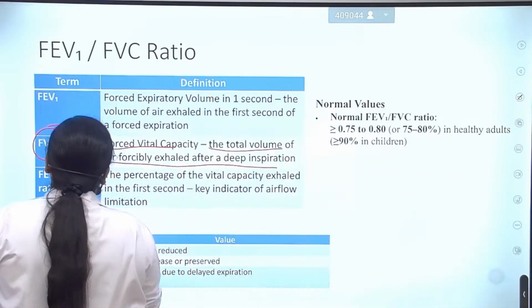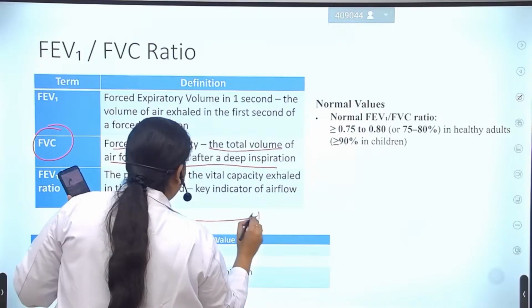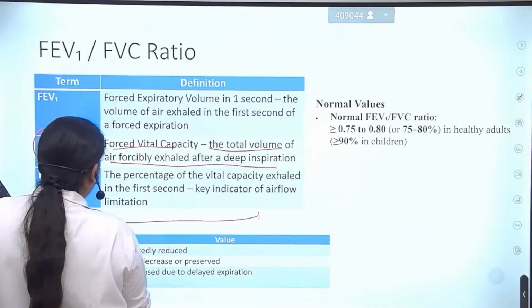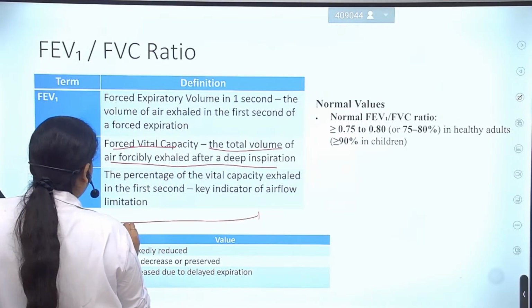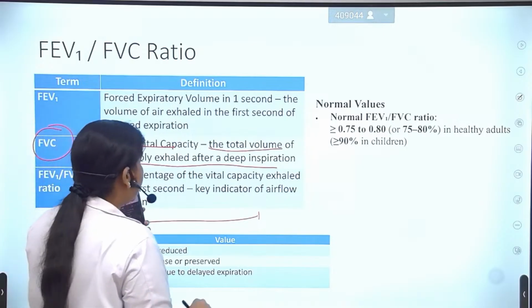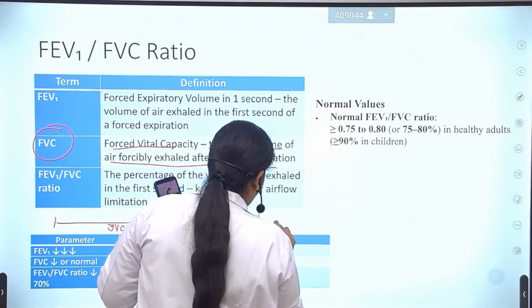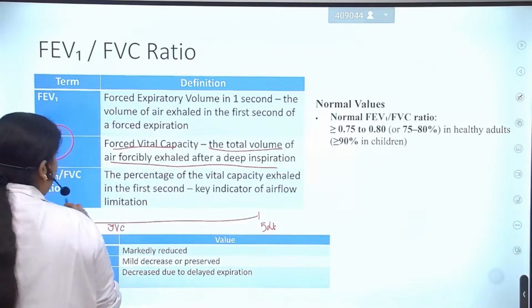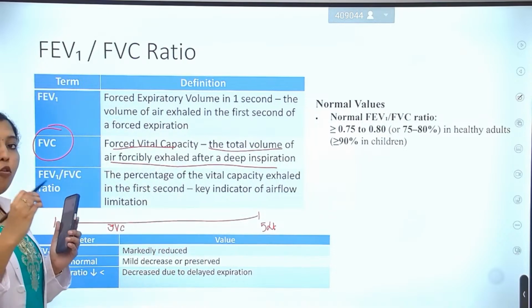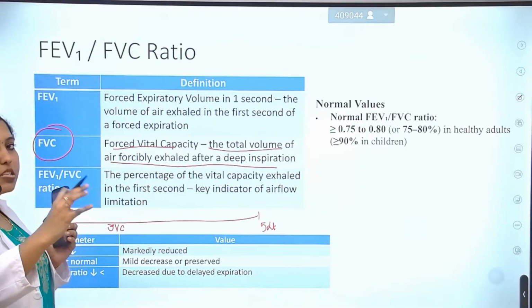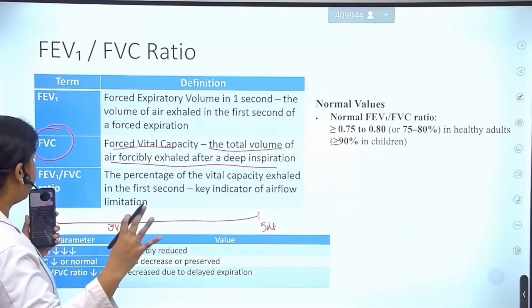So when you are doing the FVC calculation in the PFT, the forced vital capacity is the total volume of air forcefully exhaled from the lungs after a deep inspiration.